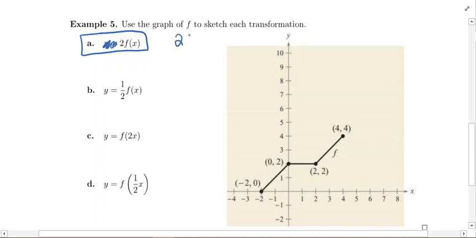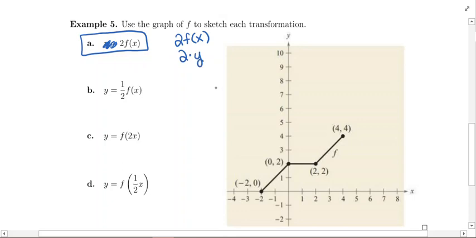We have learned in this class that f of x is the same thing as y. That's why I scratched out this other y. So this is really saying 2 times f of x, which is the same thing as 2 times y.